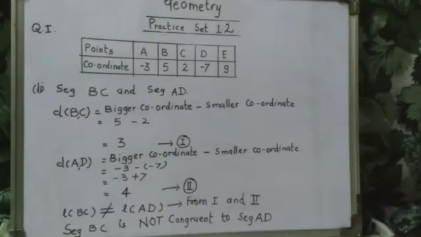But 3 is not equal to 4. Therefore length BC is not equal to length AD. If the lengths are not equal, it means they are not congruent. Therefore segment BC is not congruent to segment AD.